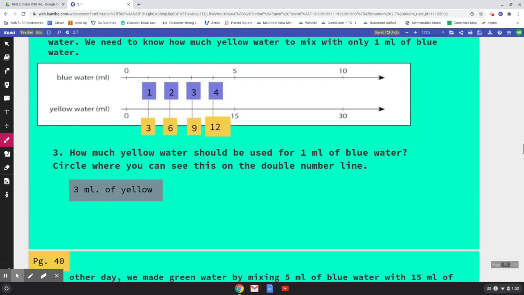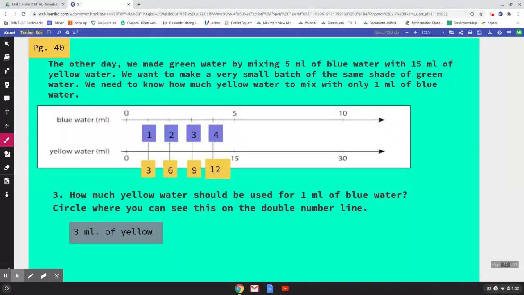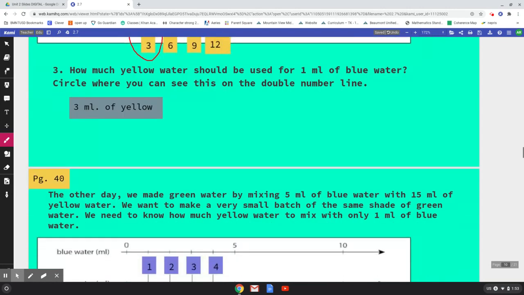Okay, now it says how much yellow water should be used for 1 milliliter of blue. So blue is here, and here's the 1 milliliter. So the one that's vertical to it is what's equivalent to it. So your answer would be 3 milliliters. That's on page 40.